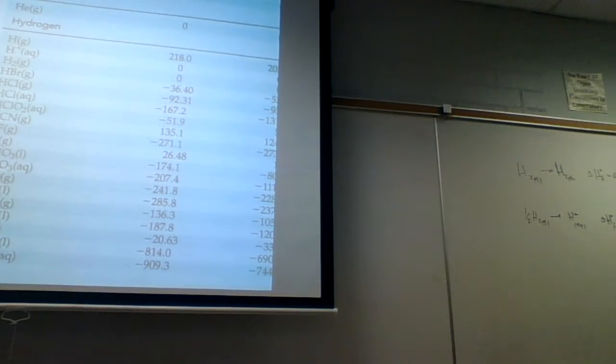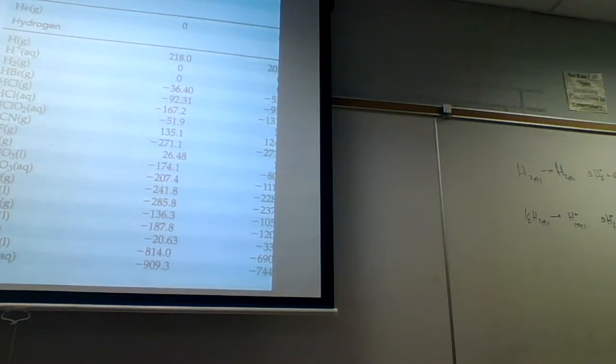Let's say we're going to look at HCl (aq). Let's say we're going to form HCl (aq). When we form HCl (aq), we can figure out the delta H of formation, because this is going to go from a half mole of hydrogen gas plus a half mole of chlorine gas. This is something we can determine.